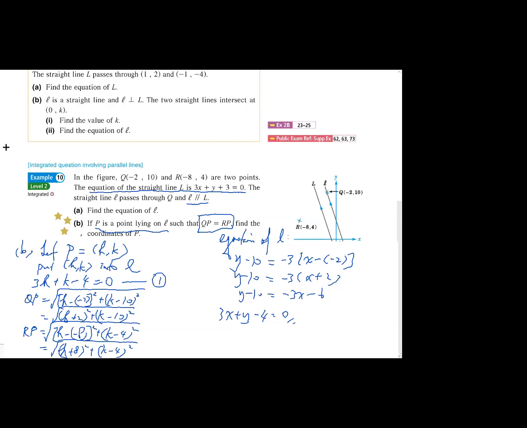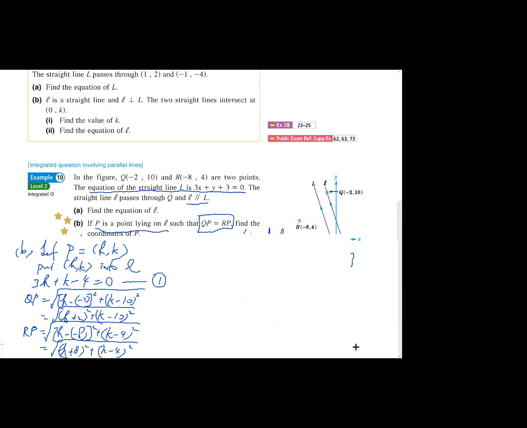So let me clear this. Because QP is equal to RP, which means that the square root of (h plus 2) square plus (k minus 10) square is equal to the square root of (h plus 8) square plus (k minus 4) square.